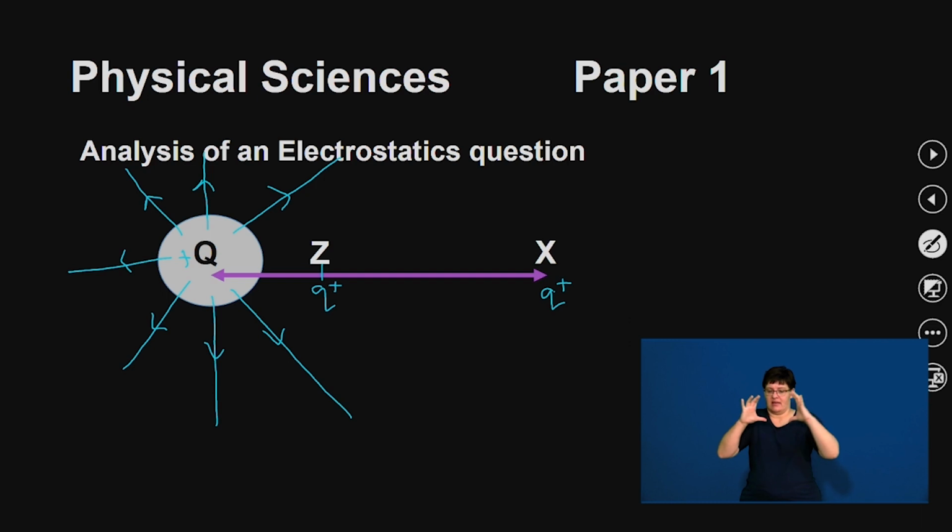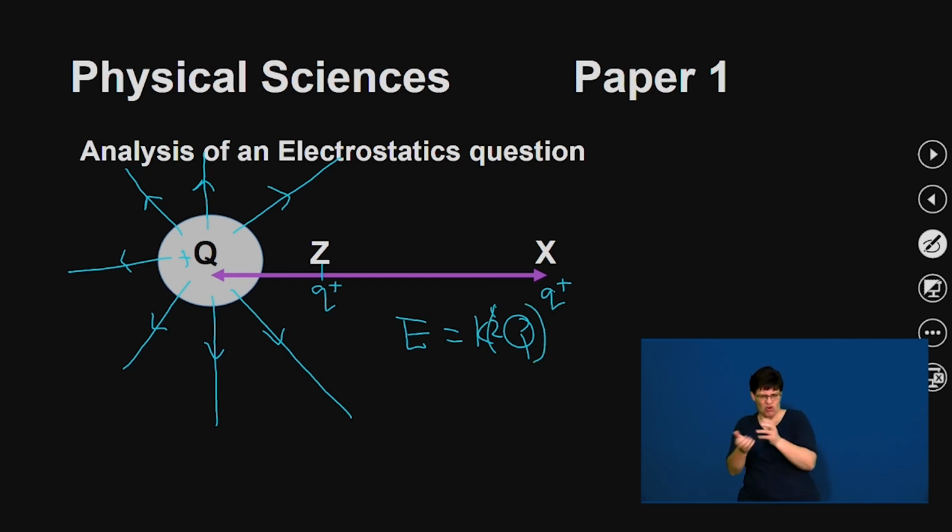So if we say, for argument's sake, we double the charge, then if E is equal to kQ over r squared, let's say we double the charge, now it becomes 2Q. That's the mathematical language. And let's say maybe this distance is a quarter of what it was. Then over (1/4 r) squared.